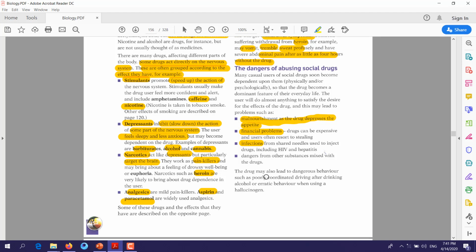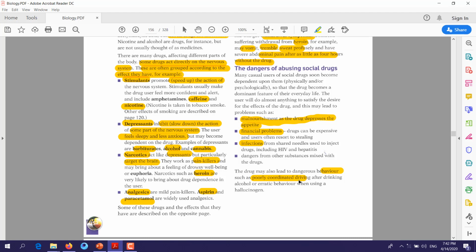And the drug may also lead to dangerous behavior, for example, poor coordination. If someone is drunk and tries to drive a car, he cannot control his body or his muscles.